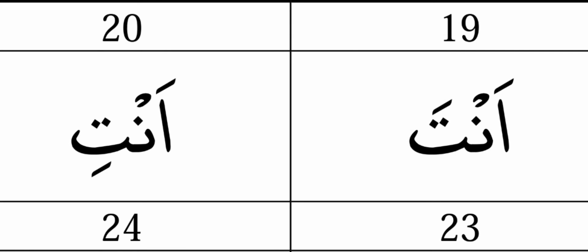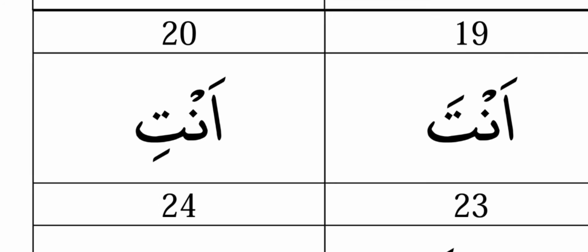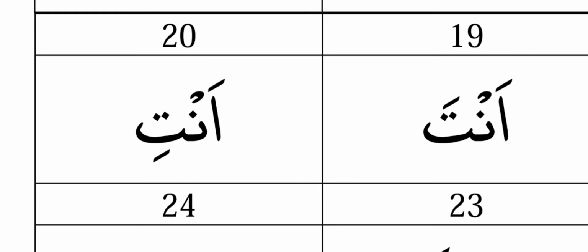When we speak Arabic, we sometimes just say anta, anti, which is not wrong, but in Quranic Arabic the ikhfa comes through more, in terms of the rules of Tajweed al-Quran. Both mean you: anta, you for a male, anti, you for a female.